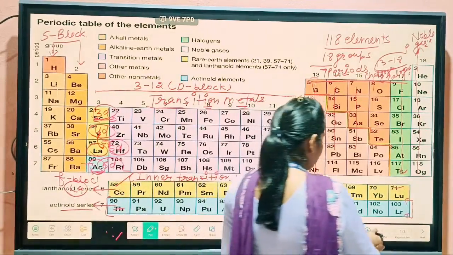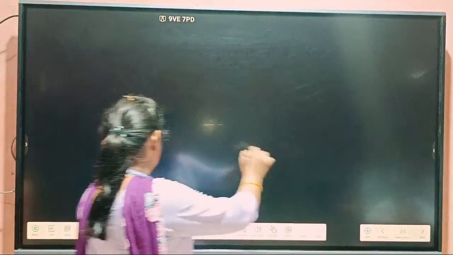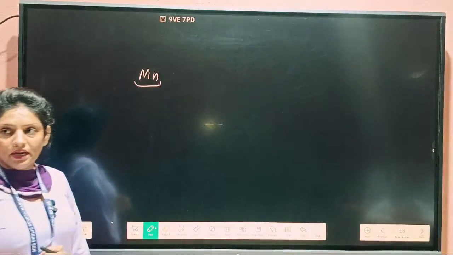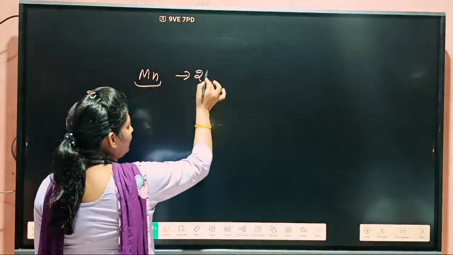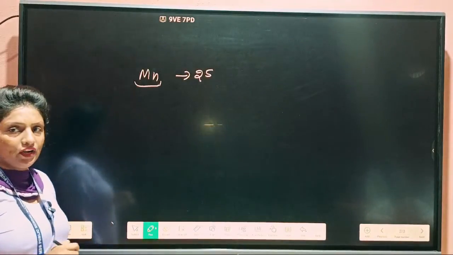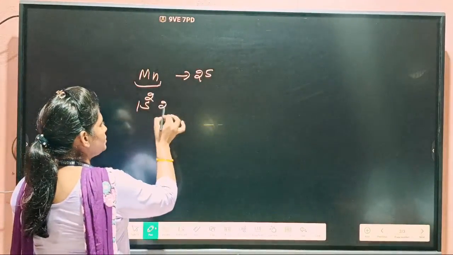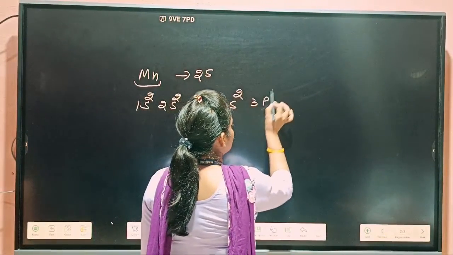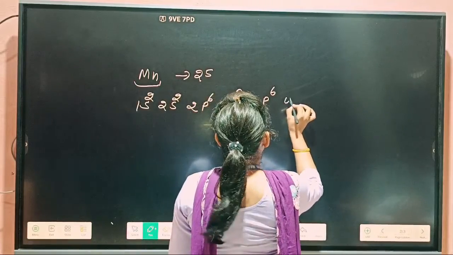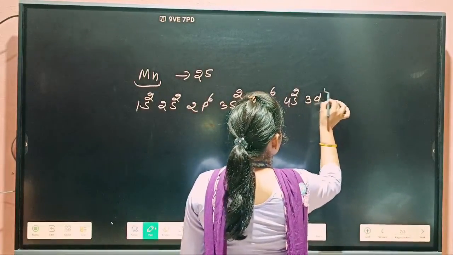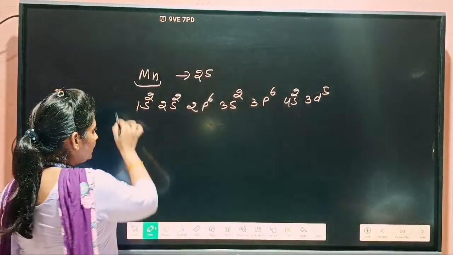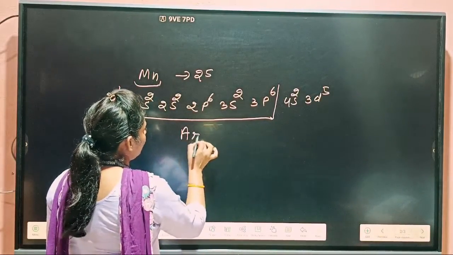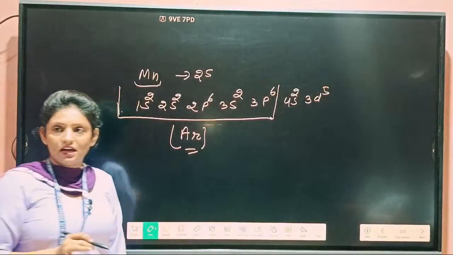For example, if I talk about manganese. Manganese atomic number is 25. Then students, I can write 1s2, 2s2, 2p6, 3s2, 3p6. After that 4s2, 3d5. Students, here after removing 7 electrons, it can get the configuration of a noble gas, that is argon.